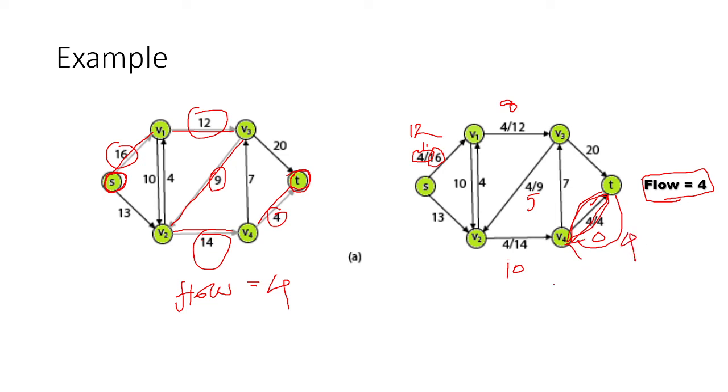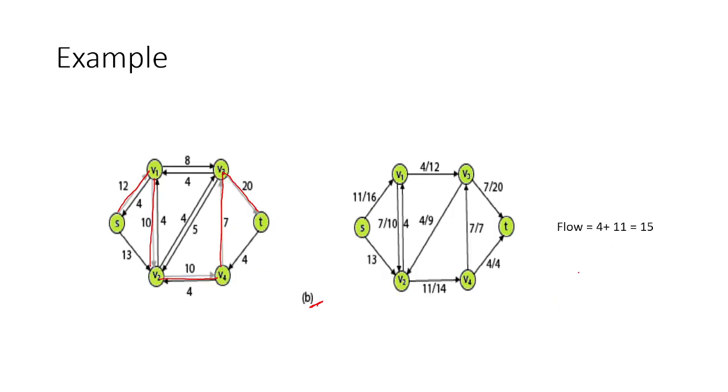The backward edge will be 4, because it became 0. So we can draw a backward path from T to V4, V4 to V2, V2 to V3, V3 to V1, and V1 to source. We can draw another backward augmented path.